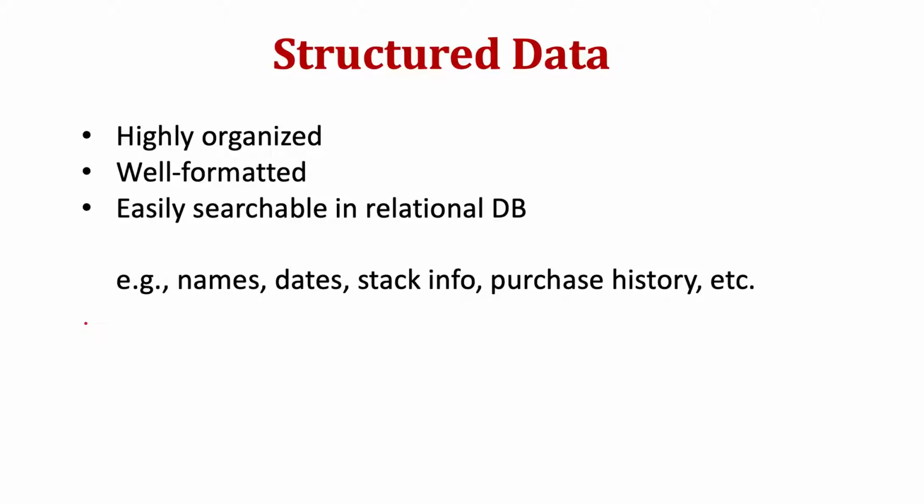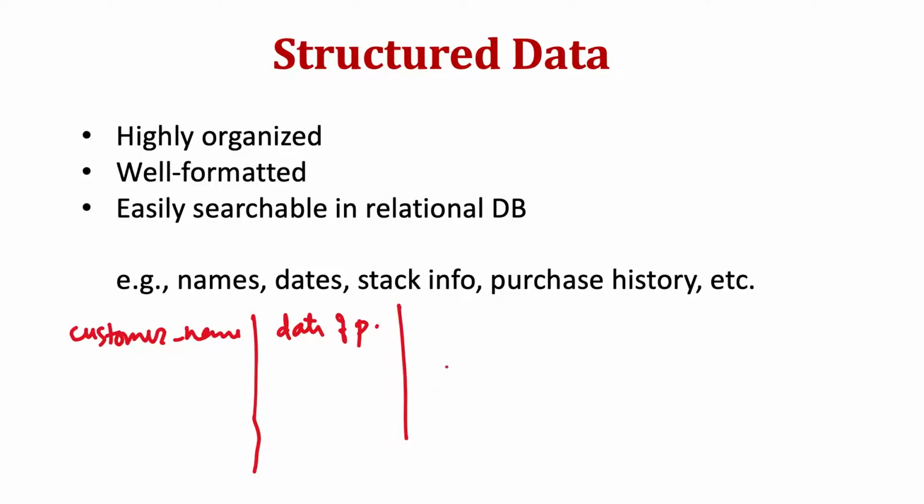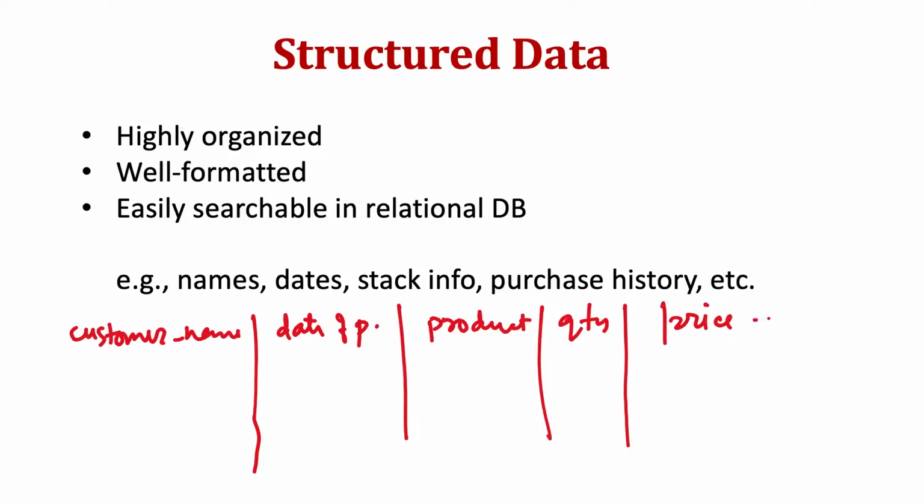For example, if you have data which comprises the purchase history on some site, it may be organized as customer name, and then date of purchase, and then product name, quantity, price, and so on.